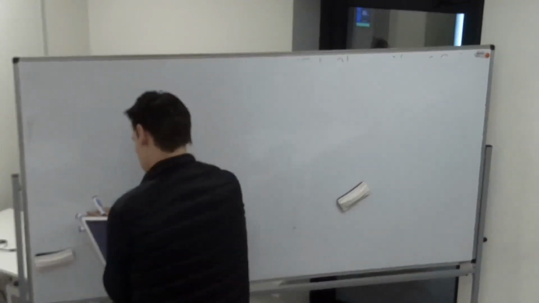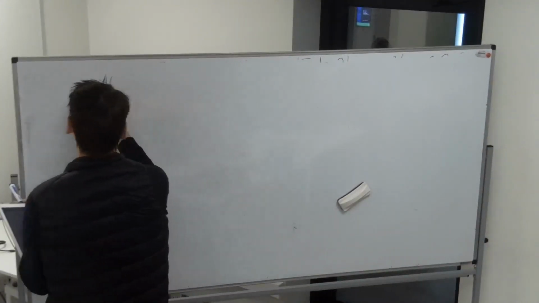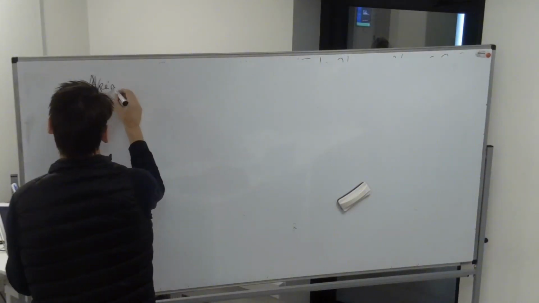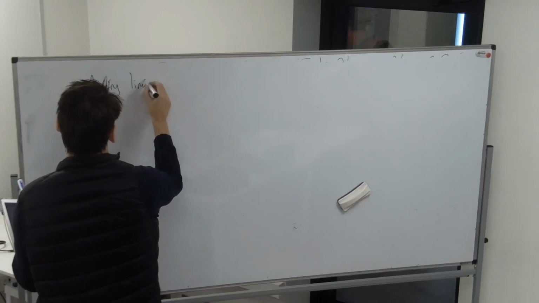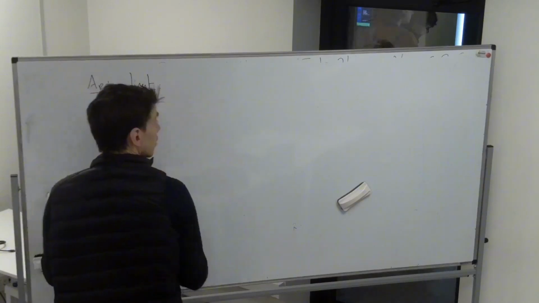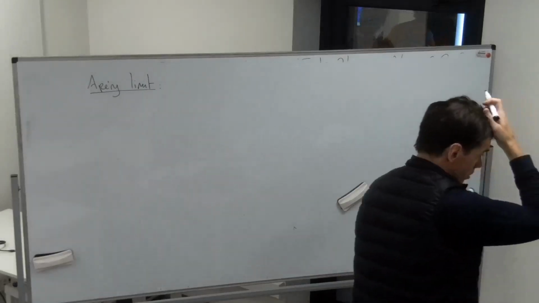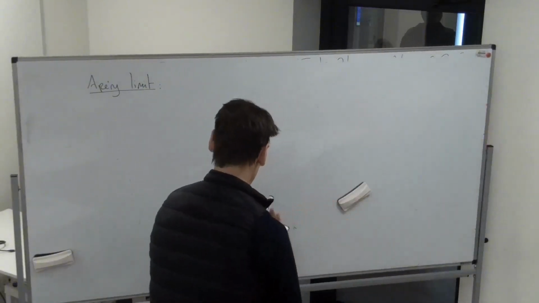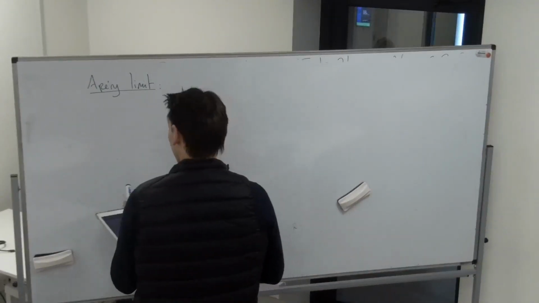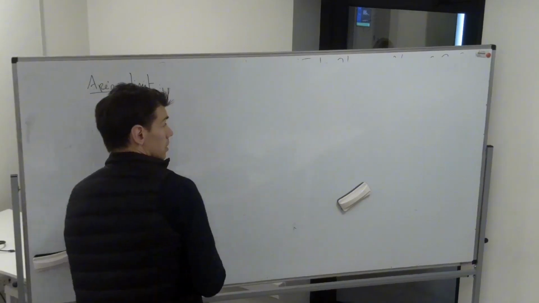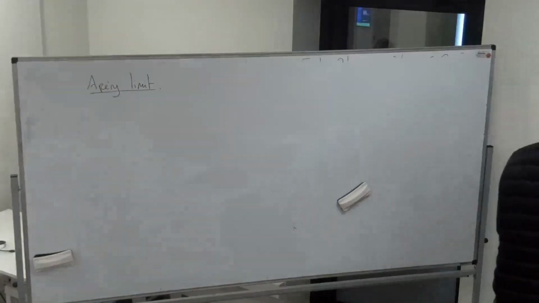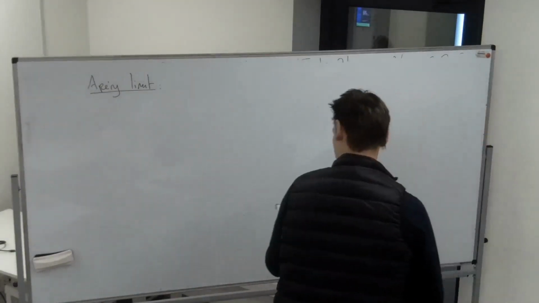So what is the Apery limit? If you know this recurrence, you can write down a basis of solutions over Q. And then you can reconstruct the number zeta of 3 from these, okay?